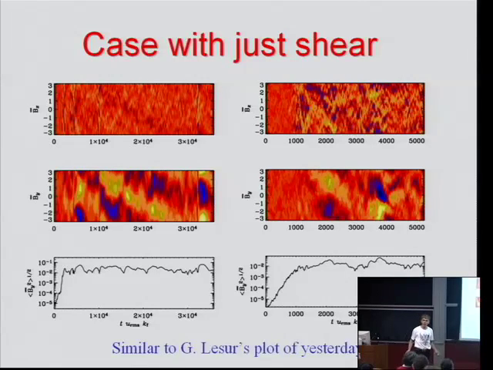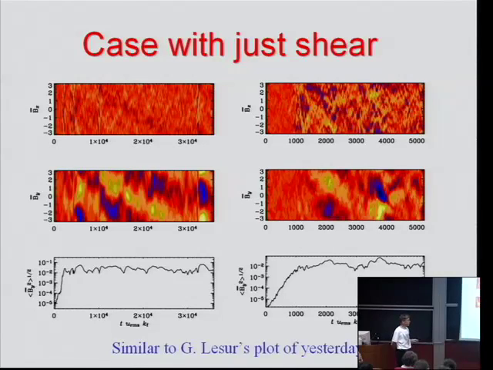Going again away from the MRI disk and to the case of a purely shearing domain, here with periodic boundary conditions, so no MRI, no rotation, but with shear, we see that there is still the possibility of generating large-scale magnetic fields or large-scale patches, because these have the length scale of the size of the box, but they do show reversals on the time scale of several eddy turnover times.